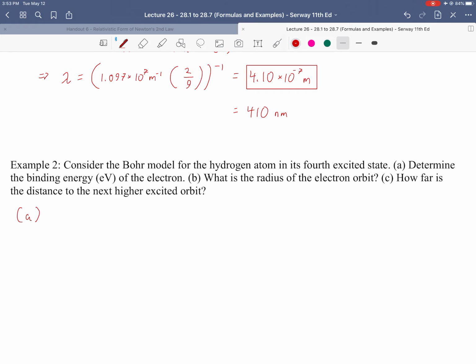Okay, so what's the best way of thinking about this? Trying to think about the best way to express this. Because we can find out how much energy we have here. Determine the binding energy.